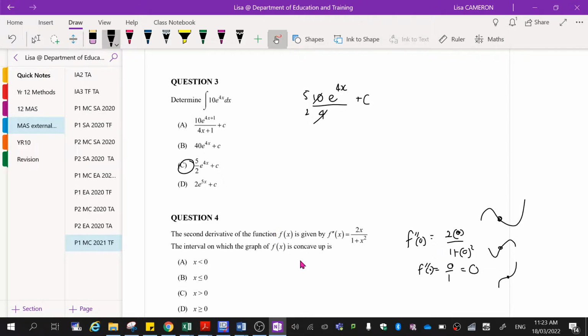So let's say we're going to substitute in now positive 1. So 2 times 1 is equal to 2 over 1 plus 1 squared is going to be 2 divided by 2 is 1. So then that is positive. Remember, when we're positive, that makes a happy face.